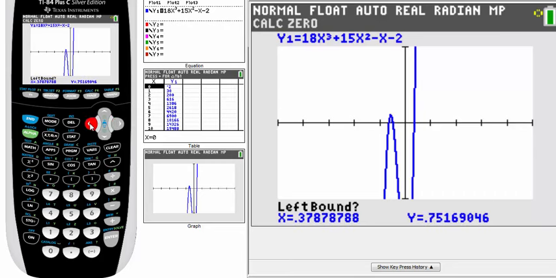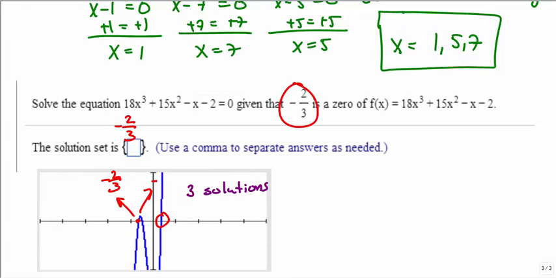I'm going to go ahead and find this positive one. So here's my left bound. I'd hit enter. Right bound, I'm to the right, and then hit enter one more time. So it's telling me that this value is 0.3 repeating. 0.3 repeating is 1/3. So I guess I could find that as my solution here is 1/3.